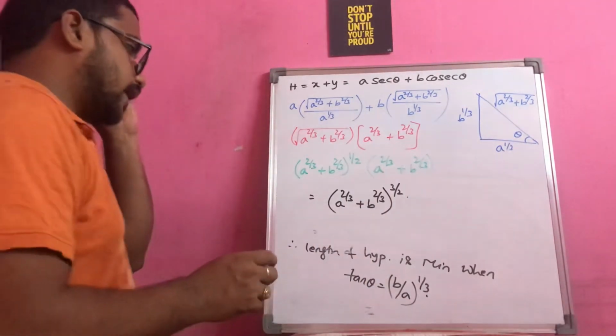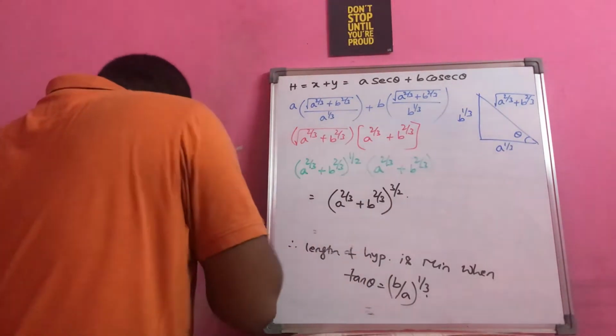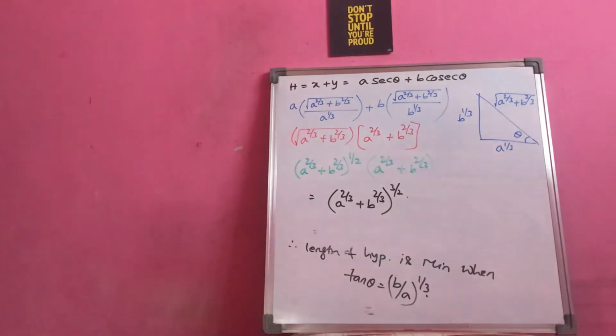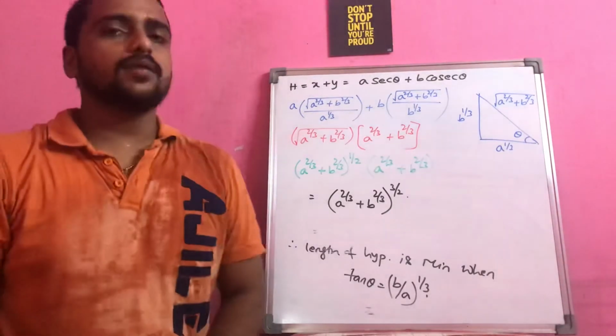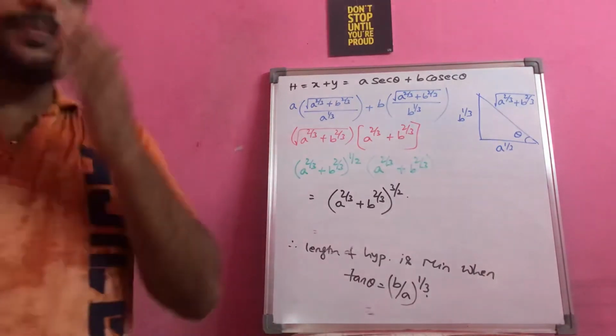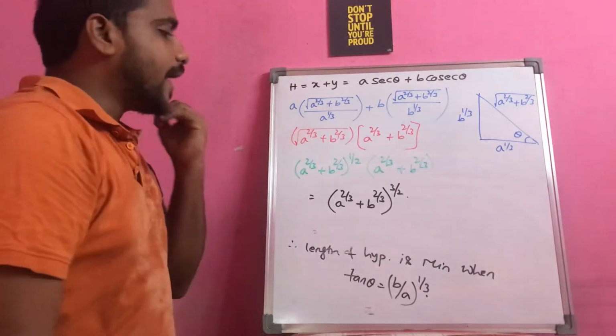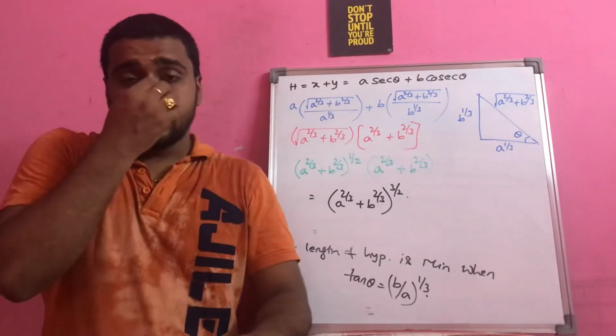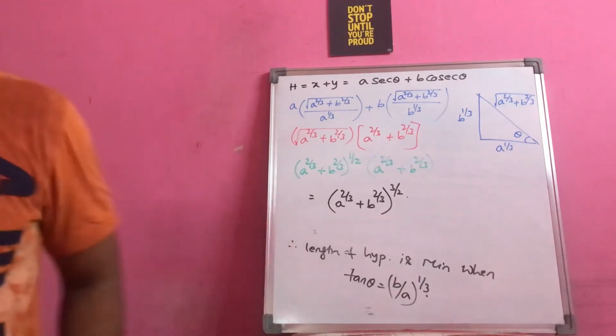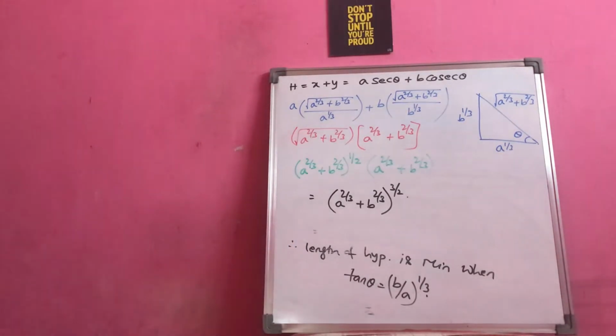So the point you have to understand here is you have to be very careful in identifying how to start the question. The most important thing is you have to be very conscious in converting the given function, whether you want to do it in terms of normal variables only, or in terms of the trigonometric function.